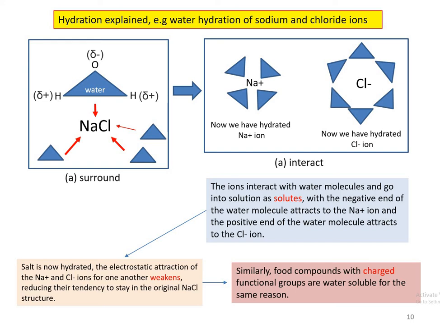You can multiply this effect by thousands, by a million, and you get solutions of sodium chloride. In the same way, there are other food compounds like proteins or sugars. Because of the charged functional groups existing in these compounds, you can get solubility in the same way as sodium chloride being hydrated.